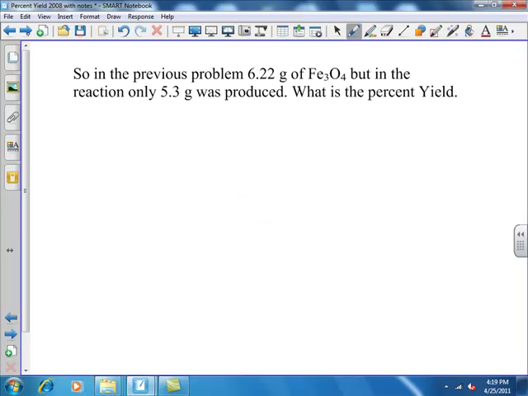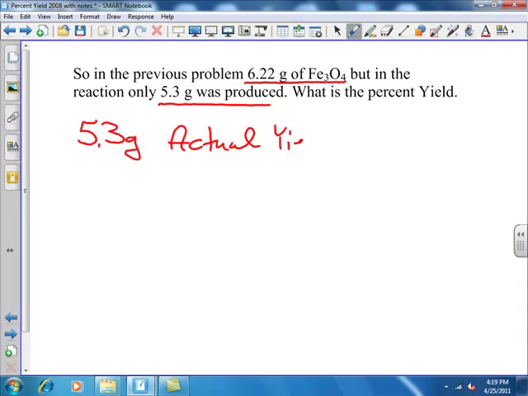So, to deal with this in our previous problem, we said that our theoretical yield was 6.22 grams of Fe3O4. But let's say we did the reaction and we only produced 5.3 grams. So the 5.3 grams is the actual yield, and the 6.22 grams is the theoretical yield.